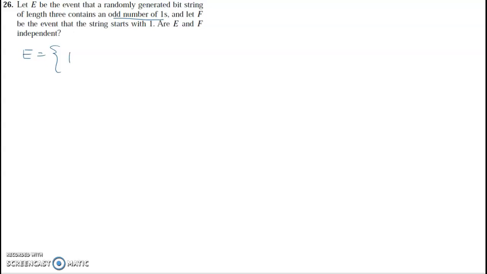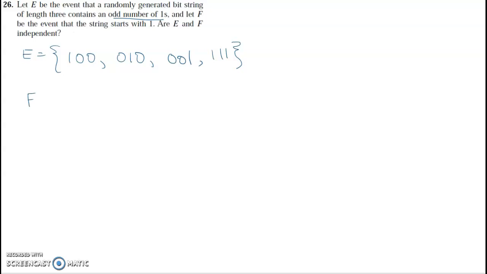So the possibilities are 1, 0, 0, and also 0, 1, 0, and 0, 0, 1. That's all of our choices. The next odd number, bigger than 1, is 3. So the case of having 3 ones is we just have one case, which is 1, 1, 1.